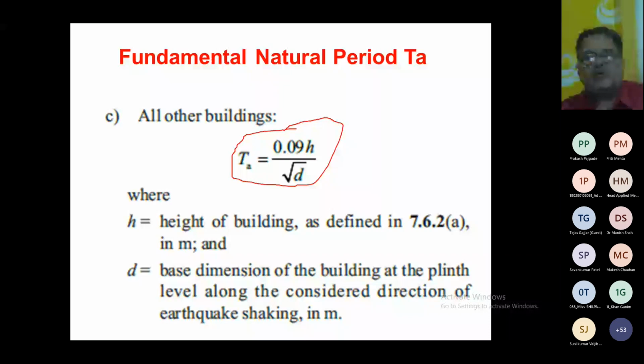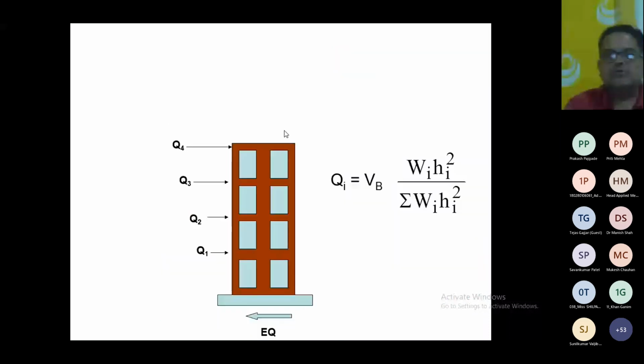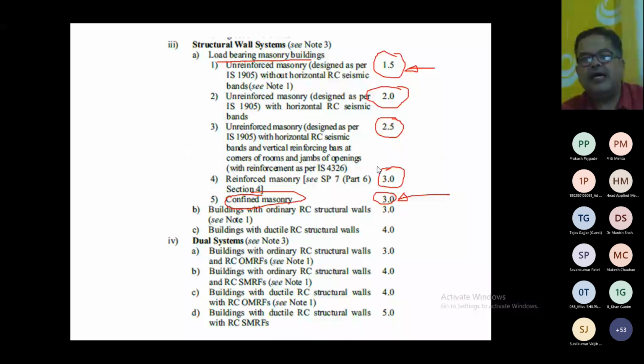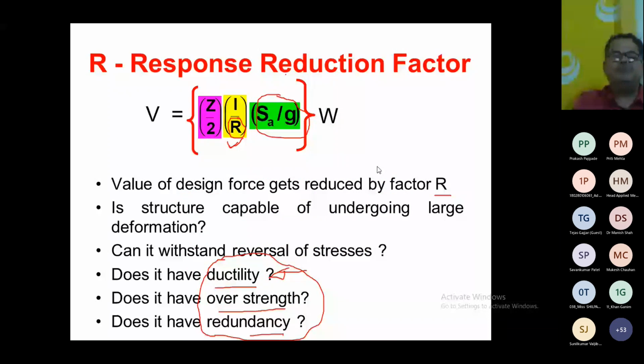So this is now clear that we are calculating the base shear first. Which equation are we using? The equation we are using is this: VB is equal to Z by 2, I by R, SA by g, into W, the seismic weight, right?